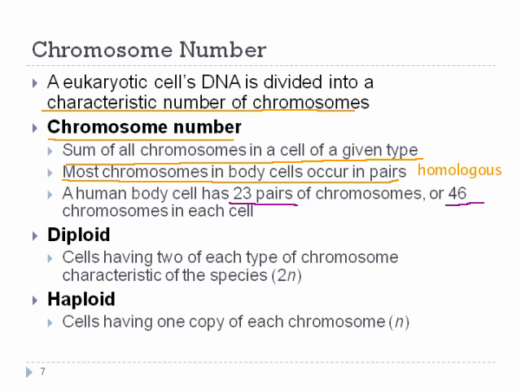And because they're in pairs, when we talk about that 46 number, we call that the diploid or the 2N chromosome number. So cells that have that 46 chromosome number, body cells in humans, are diploid cells.